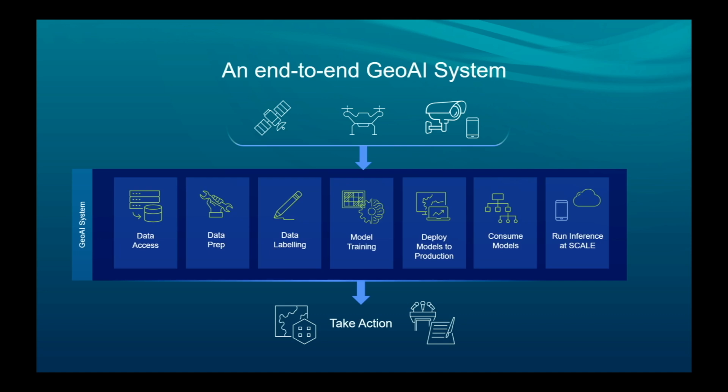So to end this session, by now you must have noticed how ArcGIS is really an end-to-end geospatial AI system, specifically for imagery and remote sensing. Right on top, if you have raw imagery, we have the ability to process that imagery using Reality.